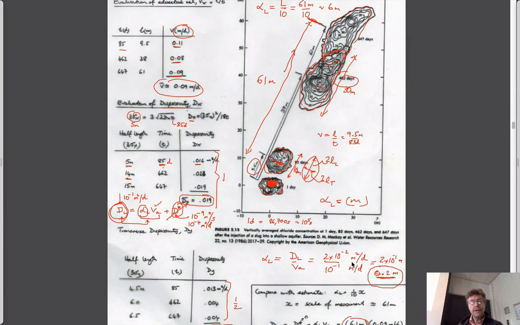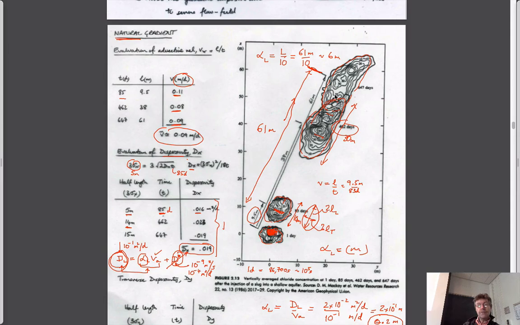So if you, instead of having data only up to 462 days for your plume that looks like here, have the value of alpha L for this, and you know what the advective velocity is, you should be able to predict that in another 200 days, this is 600 and some days, the center of mass of that plume would be here, because the advection has gone from this location to here, and that it should have spread out some more, because we could calculate exactly what 2 times the length of the plume would be at that time.